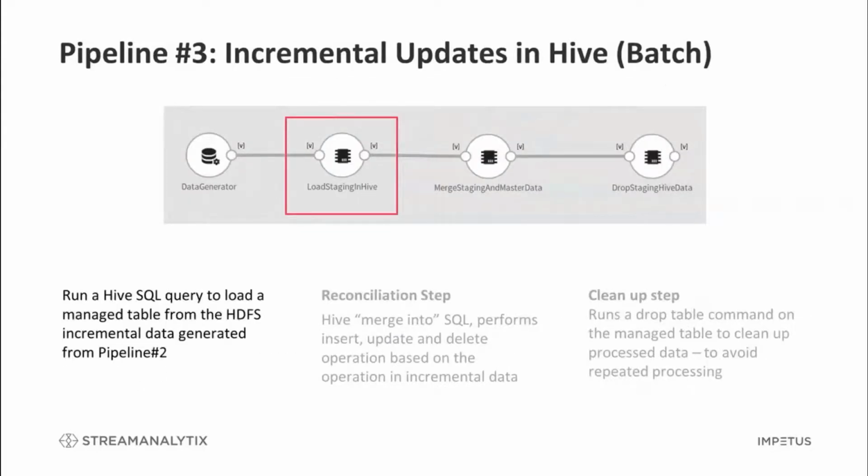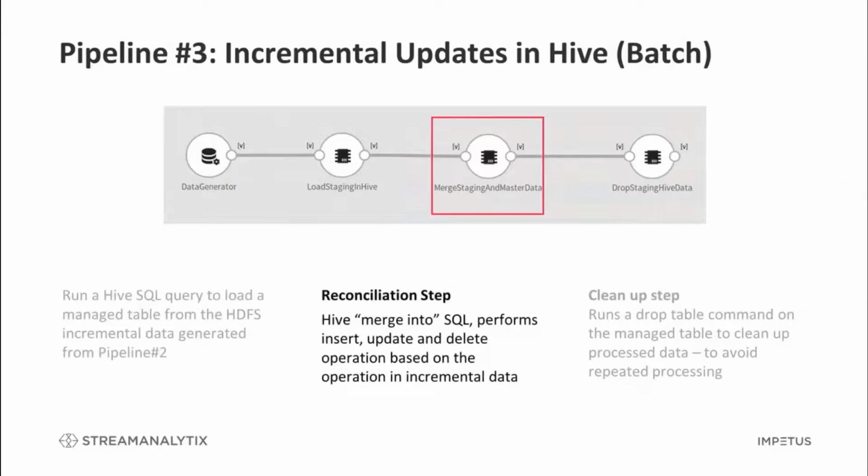And finally, we can always combine those two data sets, merge them into Hive, and then we do a Hive merge into operation to perform inserts, updates, and deletes over the data. Finally, the final staging Hive table that is created gets stored as a new table in Hive. And all of this can actually be, as I'll show, combined into a two-step process to enable faster results.